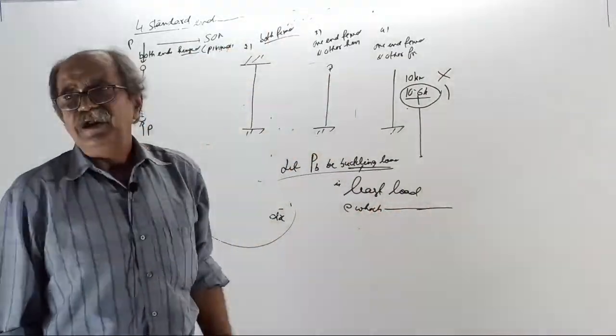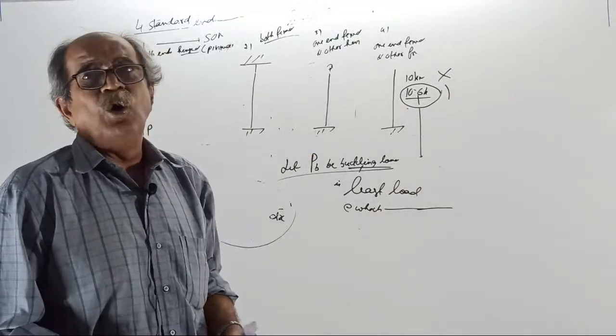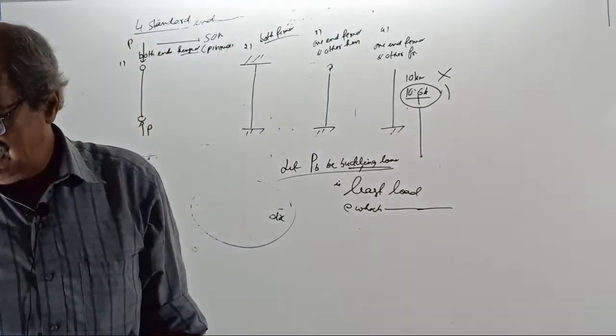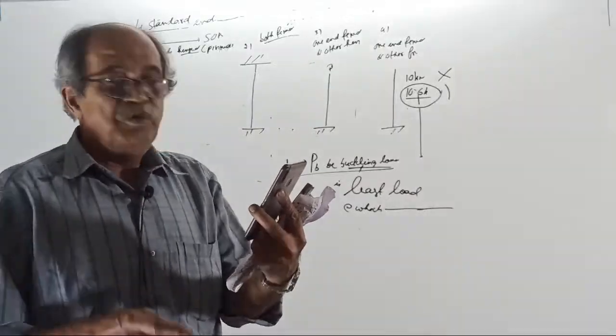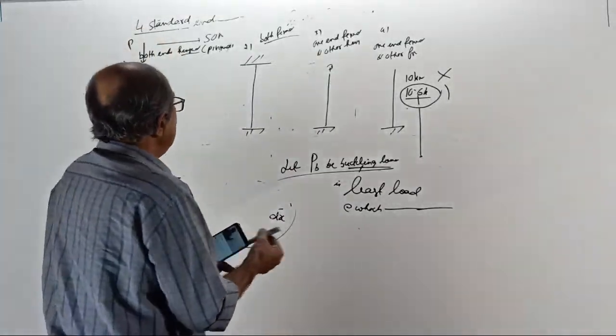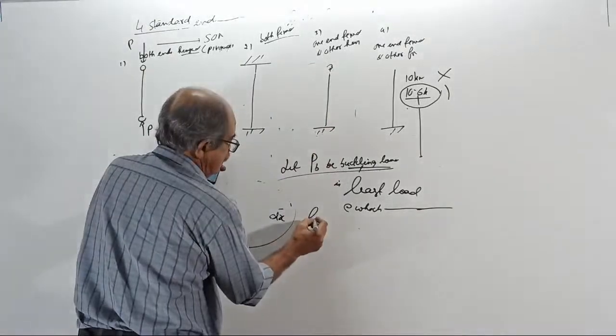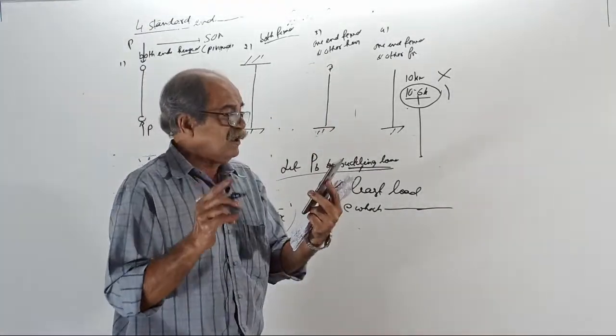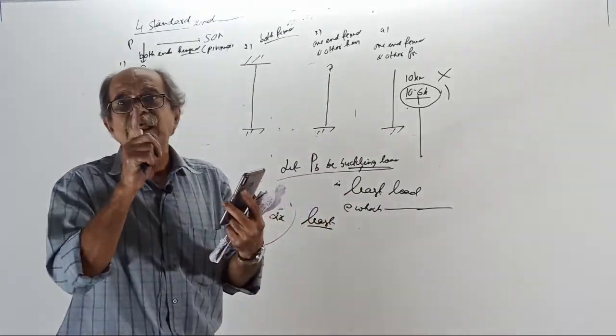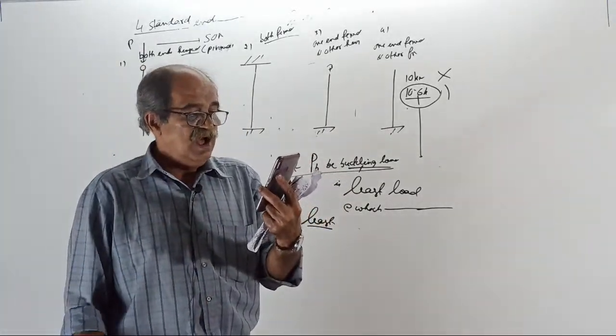Fully clear? Definition: buckling load is the least load at which the column will buckle. The word least is very, very important. I will tell you why.